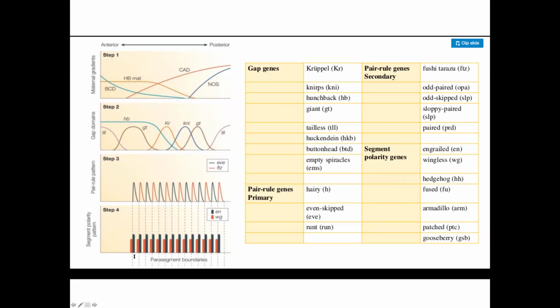Now, it's called segment polarity essentially for this reason, that the sharp boundary that it creates has one wingless positive region and a wingless negative, engrailed positive region.